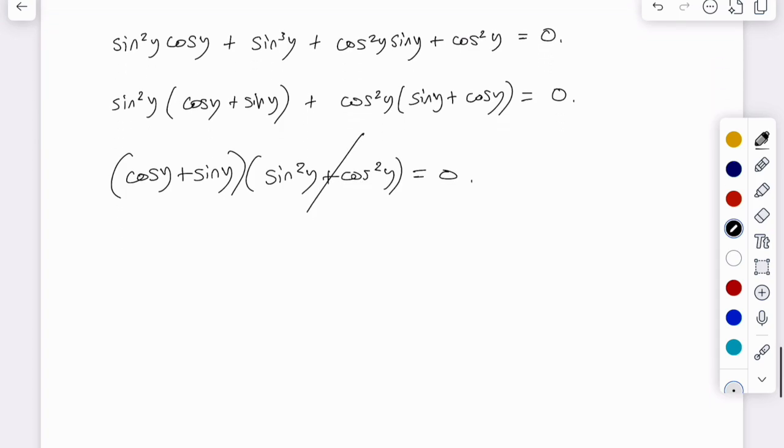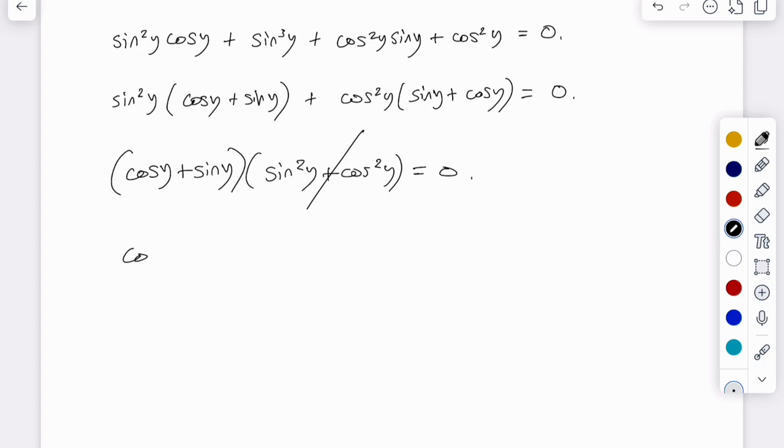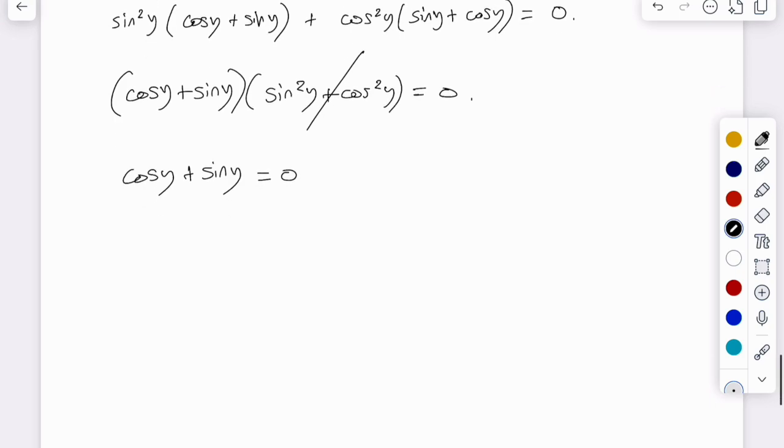So therefore we've got cos y plus sine y is equal to 0. And we can simplify this down to say, well, 1 plus tan y is equal to 0. So tan y is equal to negative 1.